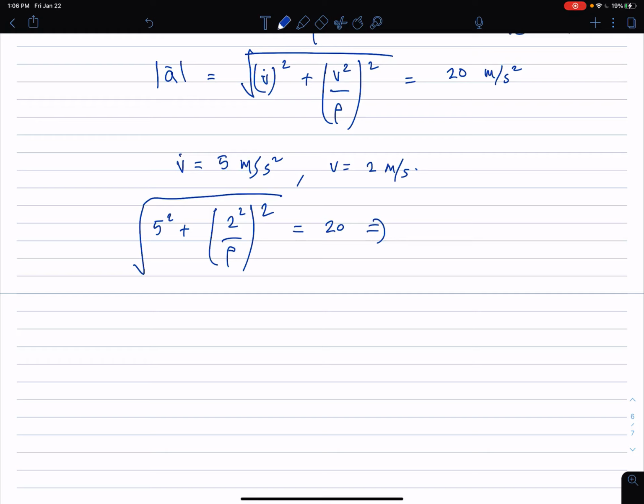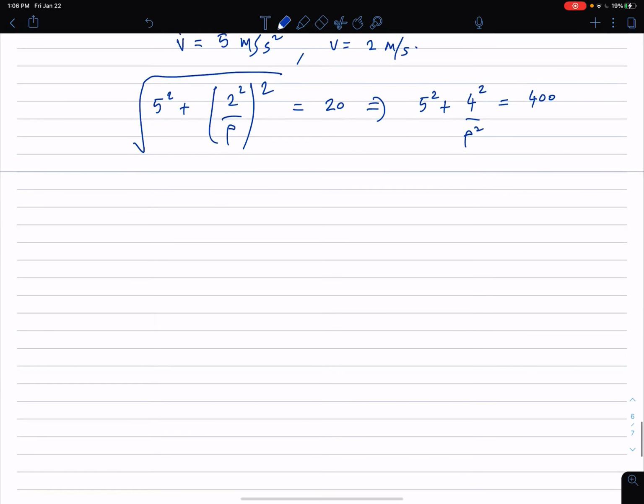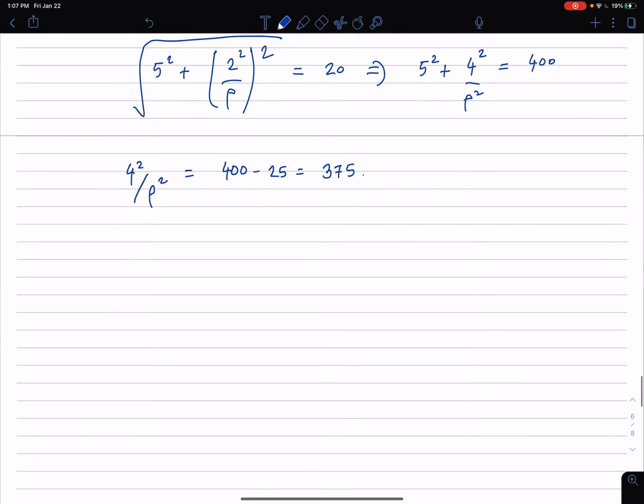Squaring both sides, we get 5 square plus 4 square over rho square equals 400, or 4 square over rho square equals 400 minus 25, which is 375. And that's it, really. So rho square equals, you bring rho square up and 375 down, you have the square root of 4 square divided by 375, whatever that answer is.